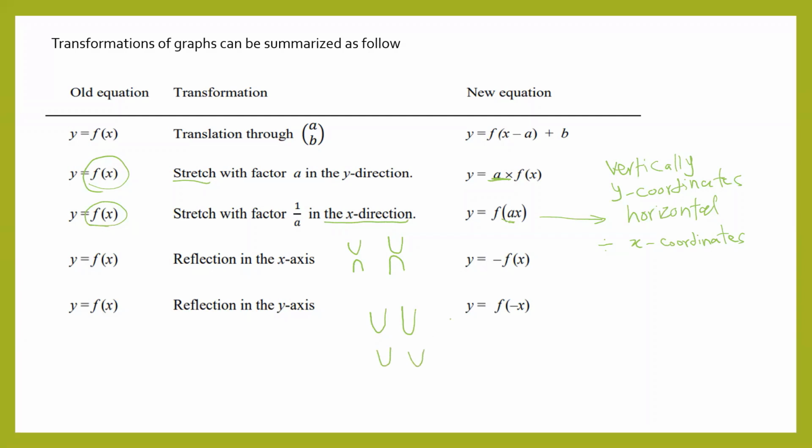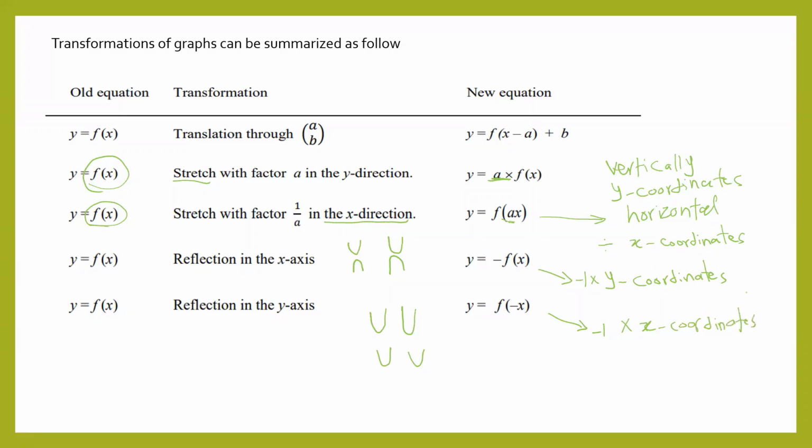So what do we do exactly here? Here we just multiply the y coordinates by -1, or we can change the signs only of the y coordinates. Here the x coordinates will be multiplied by -1.